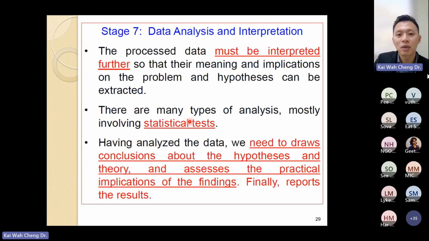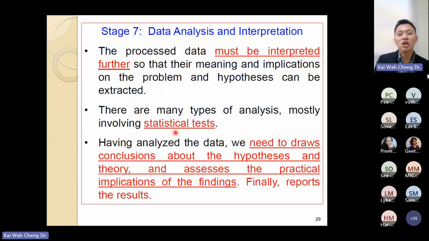And finally, data analysis and interpretation. Once we have input all the collected data into a specific software, how are you going to analyze the data? It refers to statistical analysis.